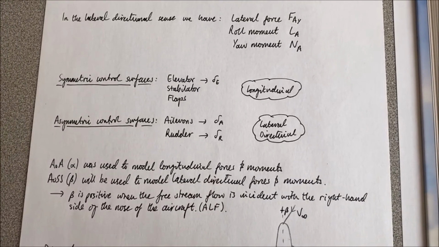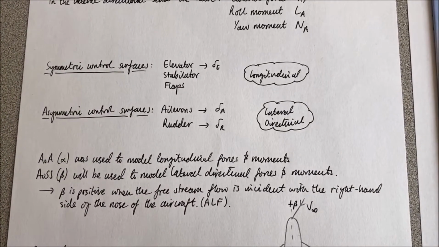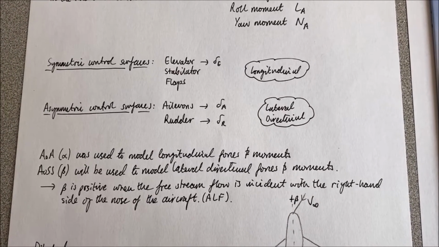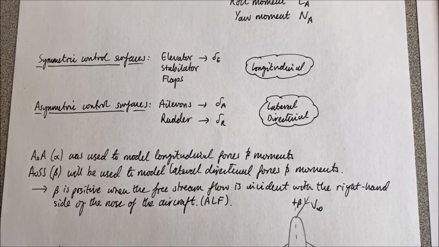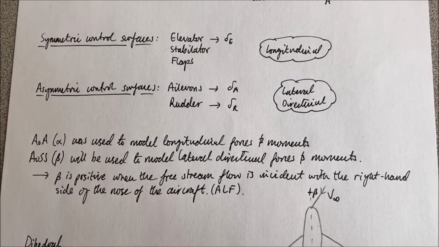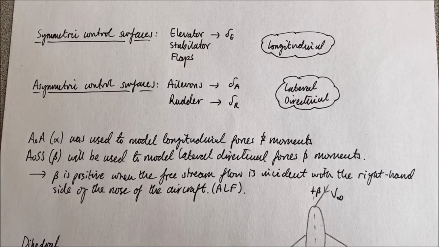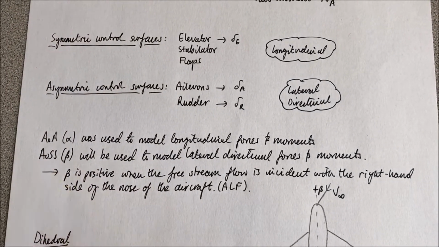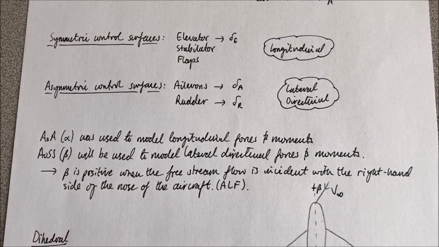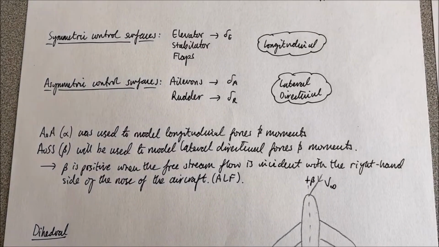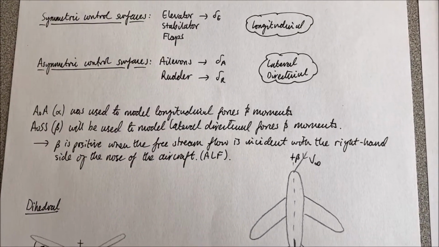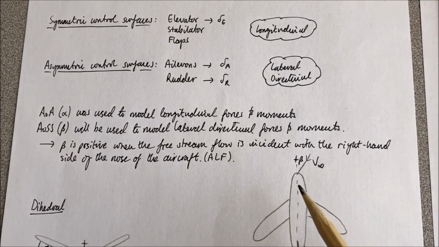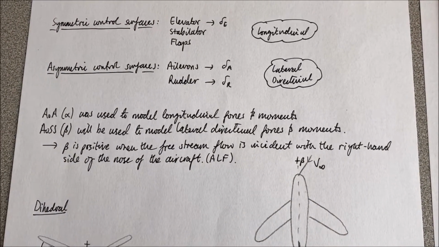So we saw in the previous chapter that the angle of attack was used to model the longitudinal forces and moments, right? Now, because we're dealing with lateral directional forces and moments, we're going to need to model based on the angle of side slip, beta, okay? And the convention is that beta is positive when the airflow hits the nose from the right hand side.